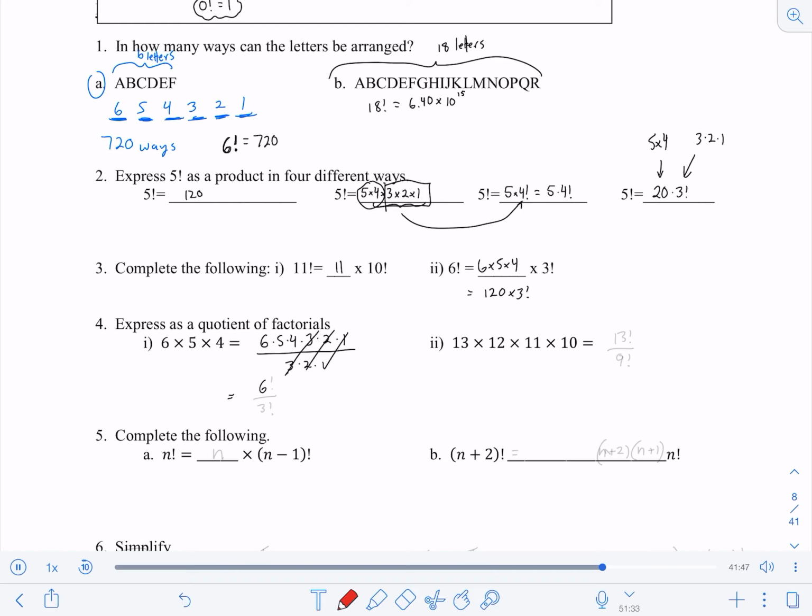So I'm going to think of this as 6 factorial divided by 3 factorial. Now for this next one, I see this decreasing product that stops at 10. So I'm going to imagine that this is 13 factorial divided by 9 factorial.